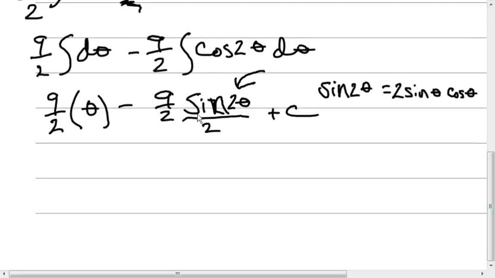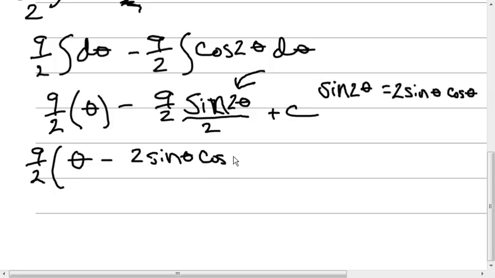So we can take this and substitute in, and we get 9/2 theta minus 2 sine theta cosine theta divided by 2 plus c. These twos will cancel, and now we're in a position where we can substitute back in x's for our thetas and our trig functions of theta.